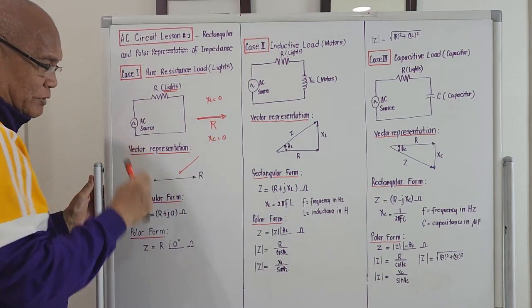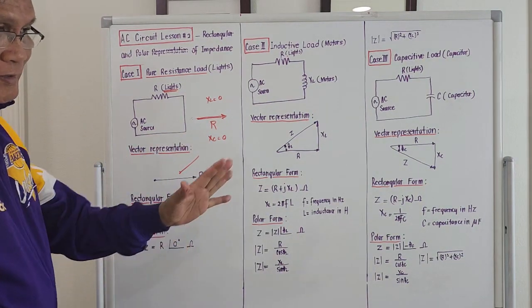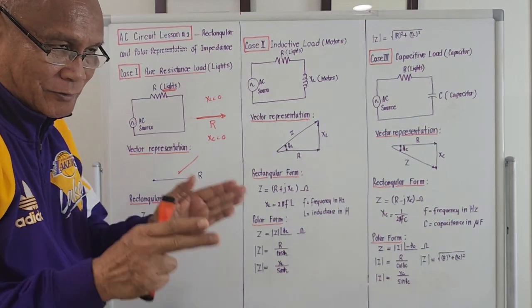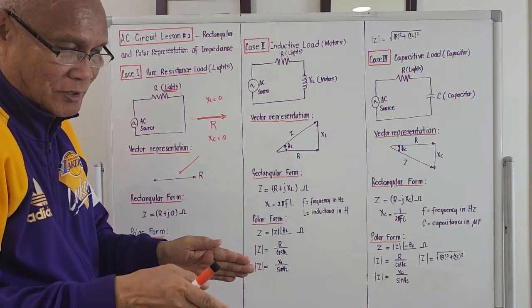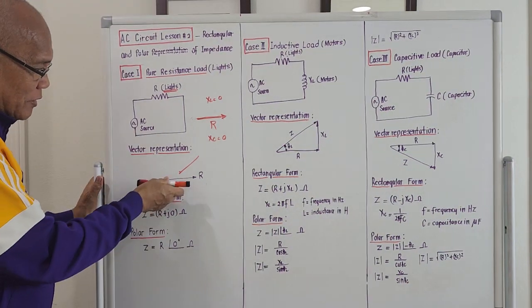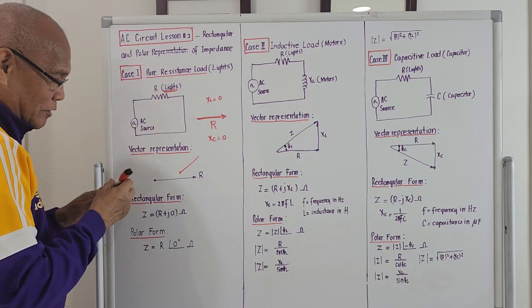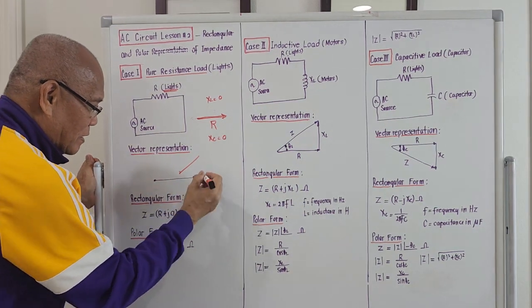That's the vector representation. Try to remember that, because the vector representation for a pure resistance load is simply a pure horizontal line, represented by R.